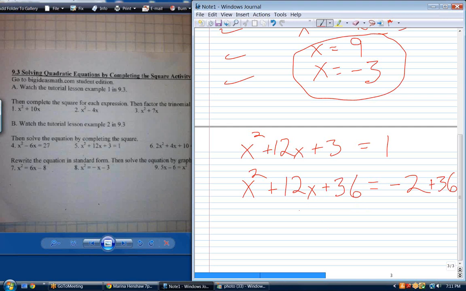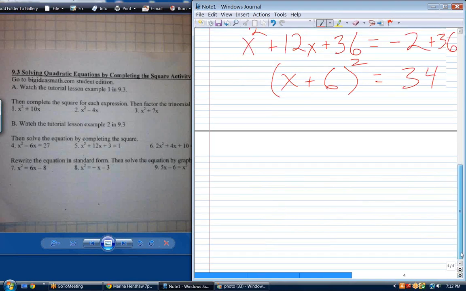Now, how can I represent this trinomial? x plus 6 squared equals 34. Okay. Next step.